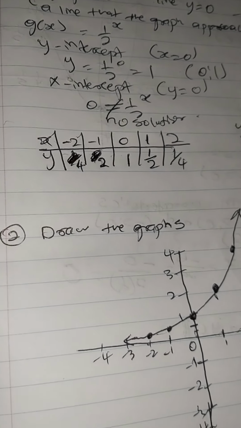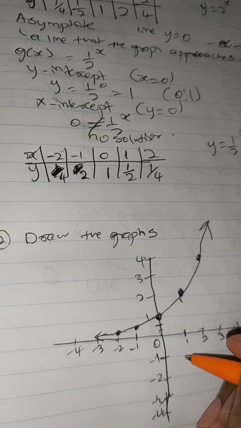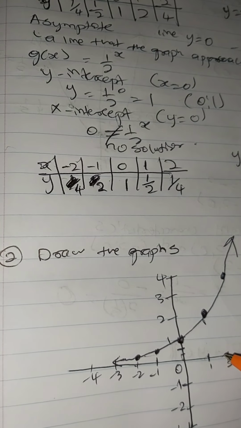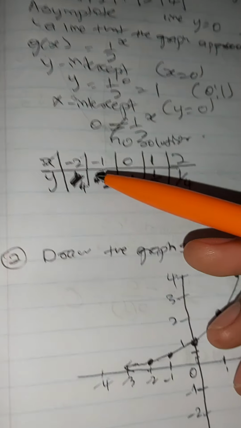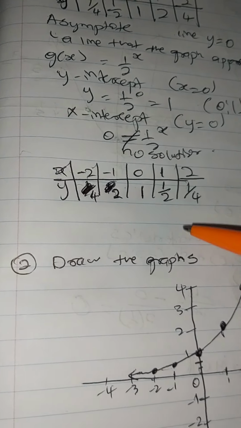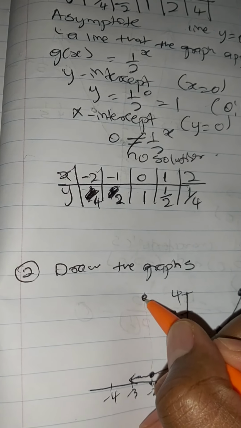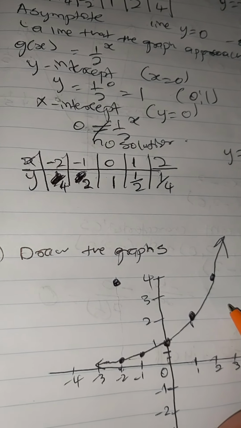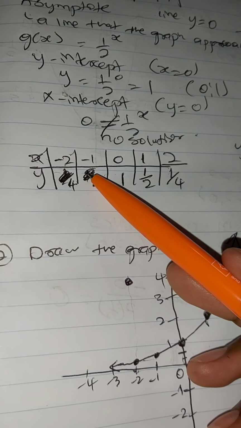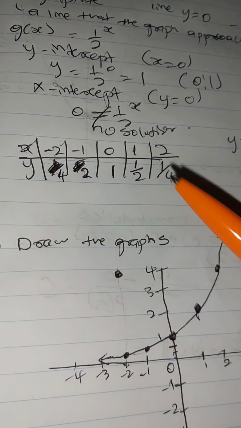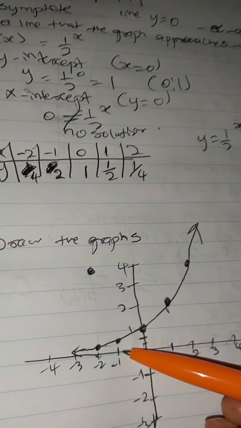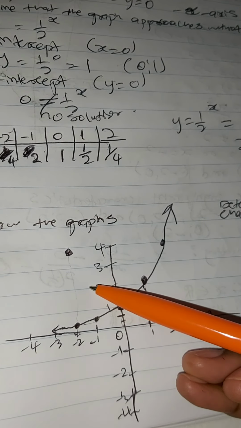Let's now draw the graph on this very same graph. So we've got the first point, minus 2 and 4. X is minus 2 and y is 4. Next one, we've got minus 1 and 2. X is minus 1 and y is 2.